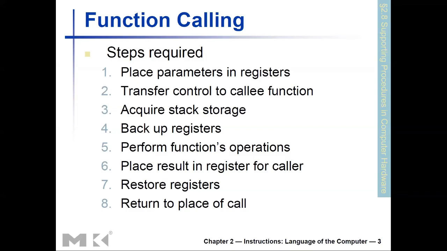Then you place the result in a register for the caller, so the return value also you have to take using a register. The seventh step is restoring the registers that you backed up earlier, and then finally return to the place of call. That is the final step of function calling.